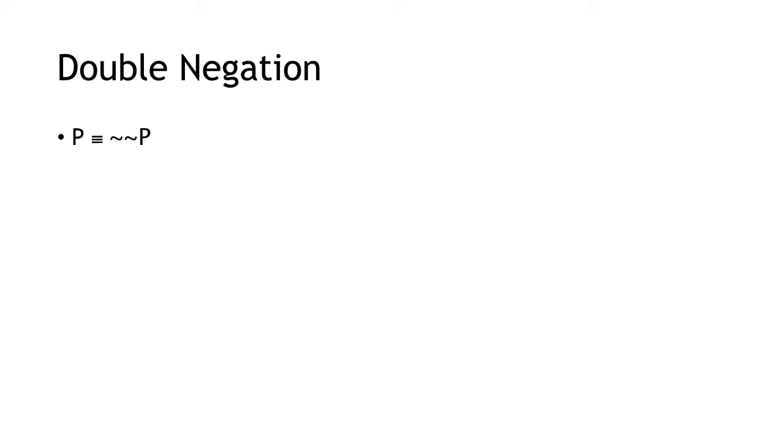Final one, and we haven't really touched on this, but it's really not a complicated idea, is so-called double negation. Double negation says, well, P is exactly the same as not not P, right? Think about it. Not P is true only when P is false.